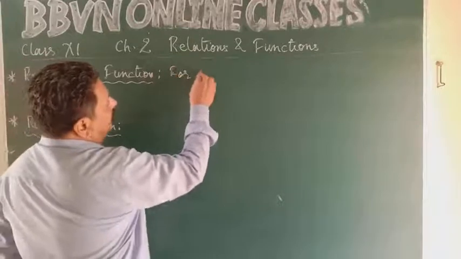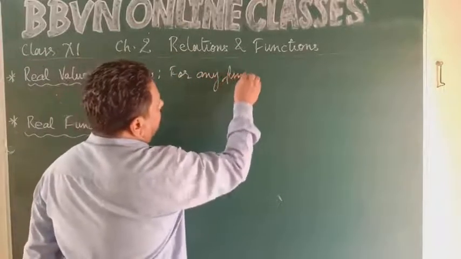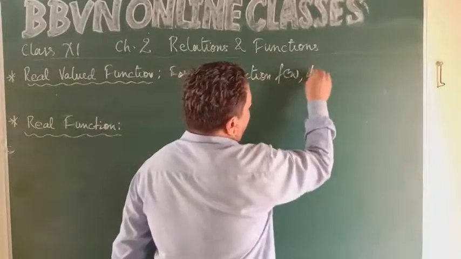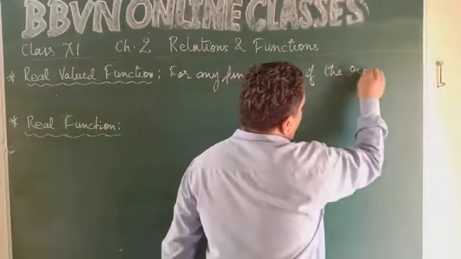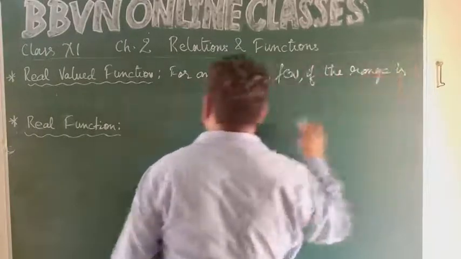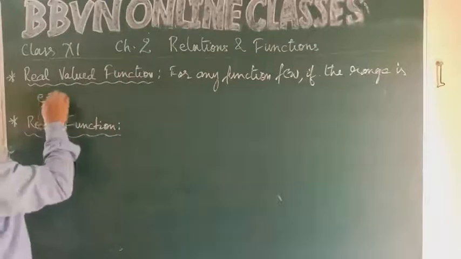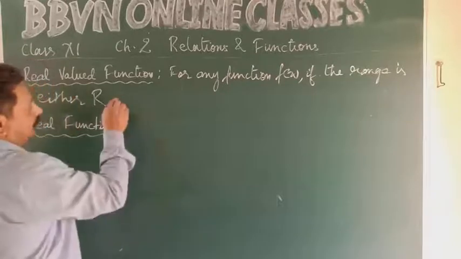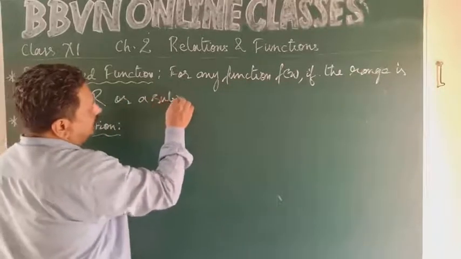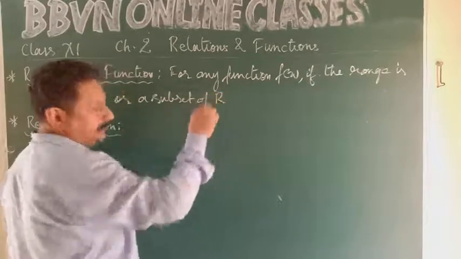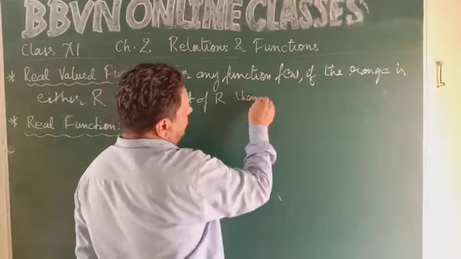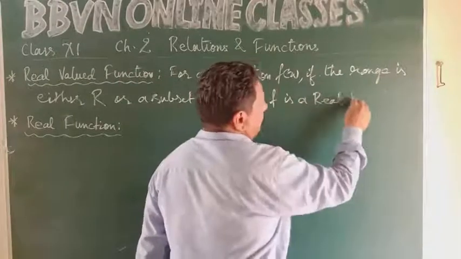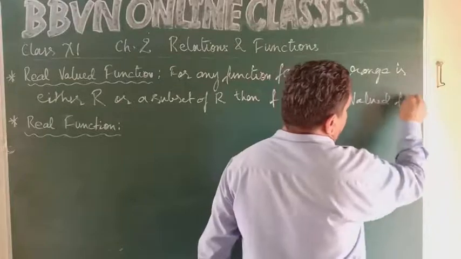For any function f of x, if the range is either R, capital R stands for set of real numbers, or a subset of R, then f is a real valued function.